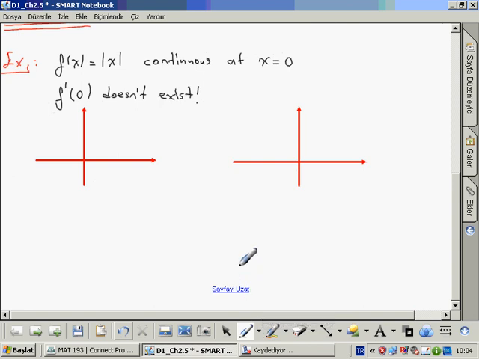This is the absolute value of x, and this is the f prime of x.